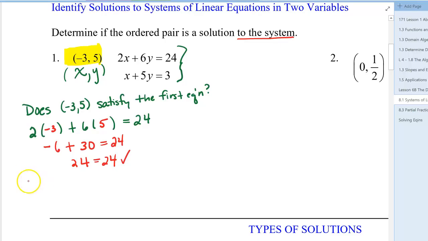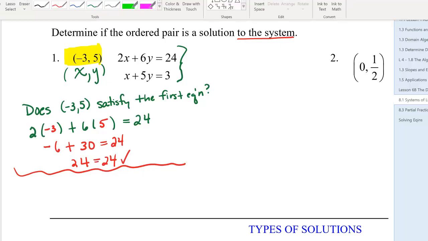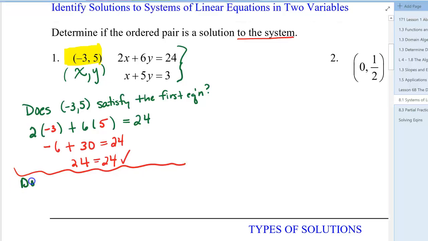So we're going to see, does -3, 5 satisfy the second equation? So again, we're going to plug in -3, 5 into the second equation.